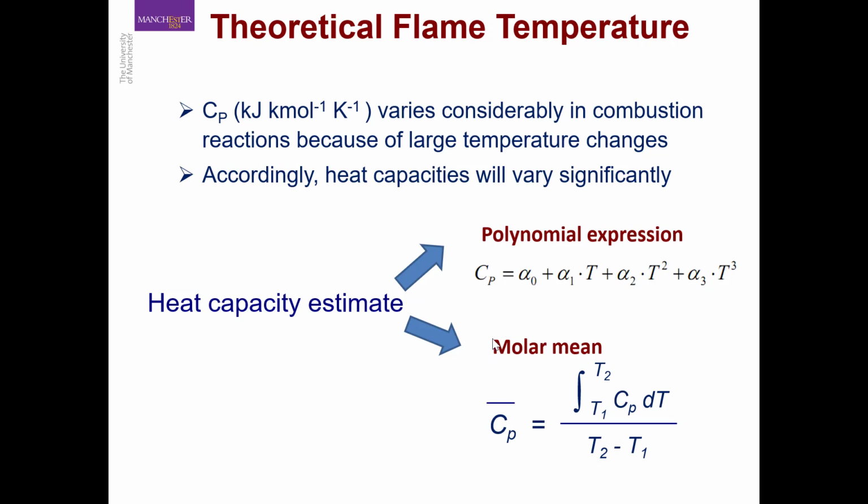Similarly, you can use a mean value approach, where you are looking at the molar mean, where you are simply taking the integral of Cp times delta T, from temperature T1 to T2, and then you are dividing it by the difference between the temperatures. So this is a molar mean of the Cp, and that helps you account for the significant change of Cp with temperature.